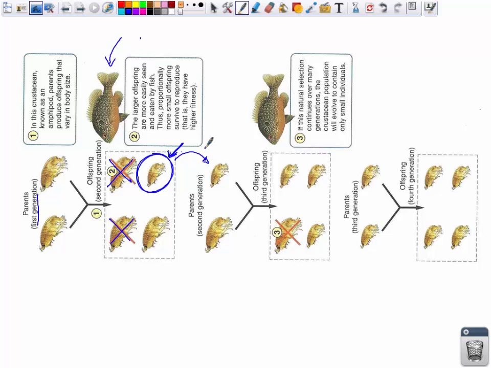So now you have heterozygous parents, one big, one small, and they reproduce, and you're going to have more smaller ones come out in the next generation. Again, the selective pressure is the fish. It wants the bigger water flea, so there's going to be more smaller ones left behind to reproduce for the next generation, the third generation.